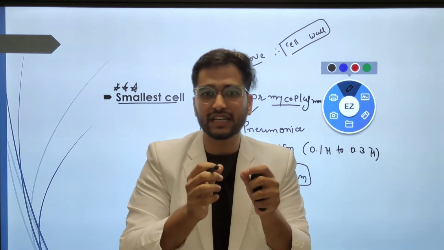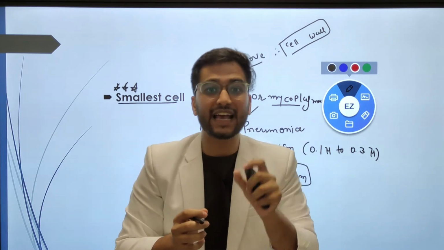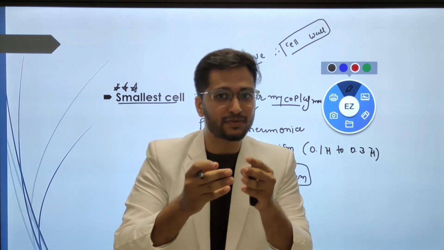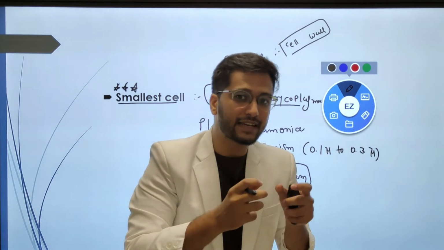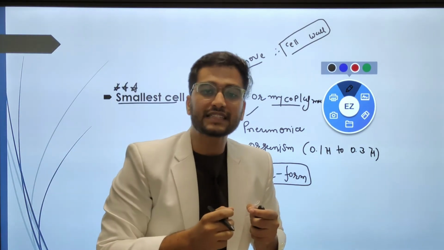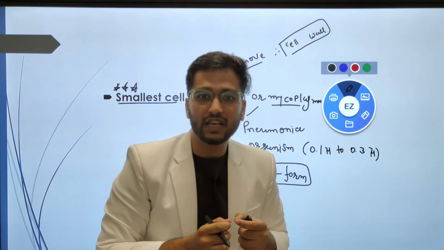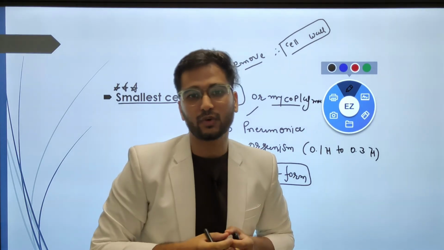So the question is: which bacteria do not have a cell wall, as an exception? And whenever there is an exception in biology, that is an MCQ for you. So the smallest cell, mycoplasma, does not have any kind of cell wall, and that is the uniqueness of these cells, and that's why this is a question for you.